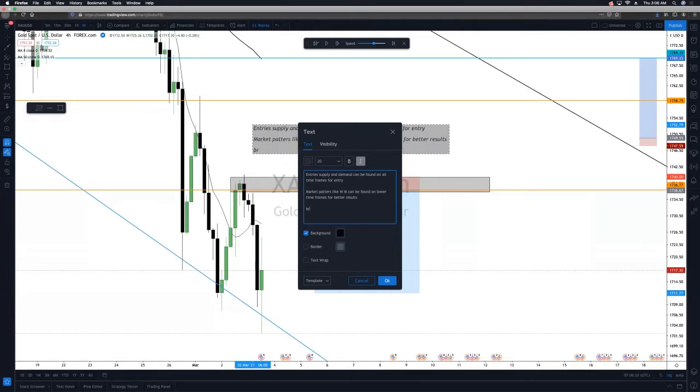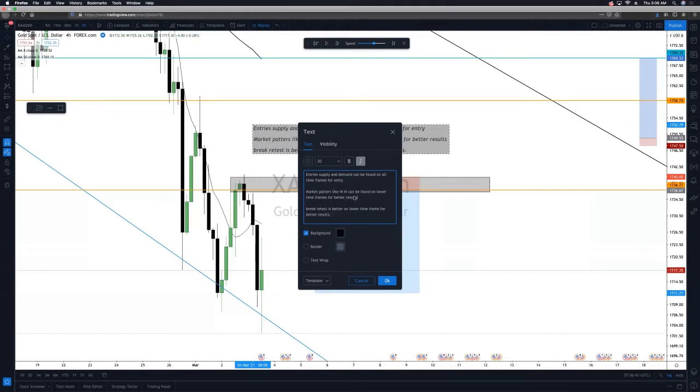Break and retest is better on lower time frames for better results.